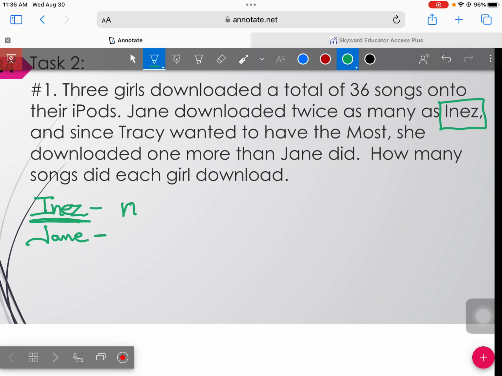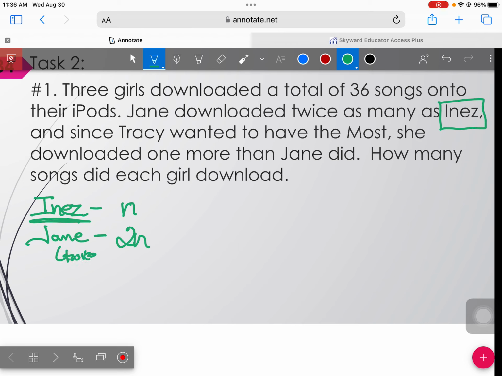Twice as many. Not N squared. 2N. Yes, 2N. Twice as many.